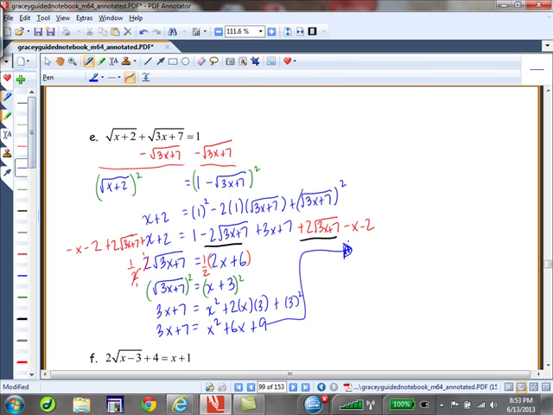And then I have a quadratic. I need 0 on one side, so I'll get 0 on the left side. 0 is going to equal x squared, 6x minus 3x is plus 3x, and then 9 minus 7 is plus 2.